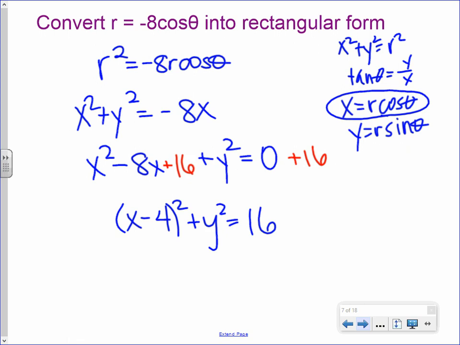It's a lot easier to graph this circle in polar form because it's just to the left of the polar axis with a diameter of 8. So what are we doing converting it? Its diameter is 8.